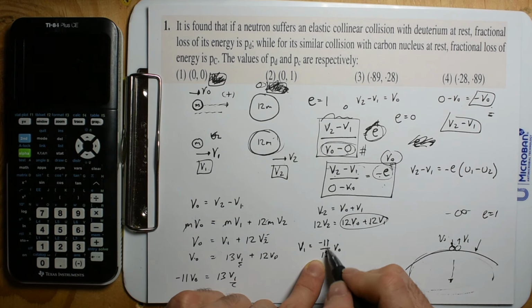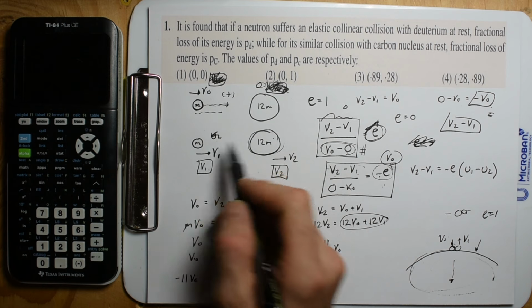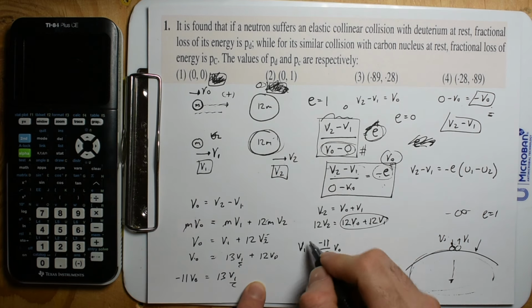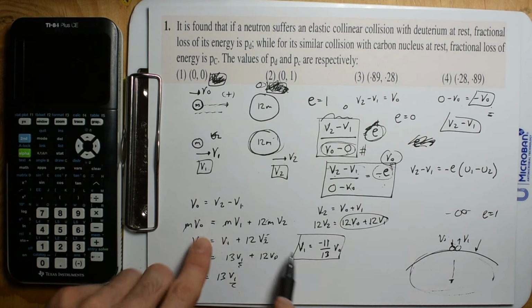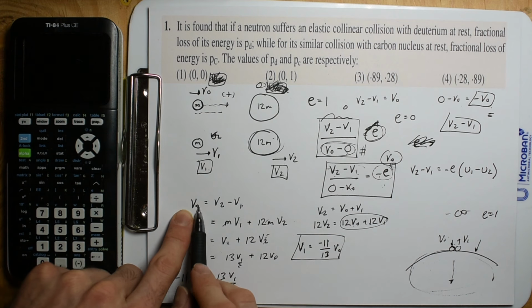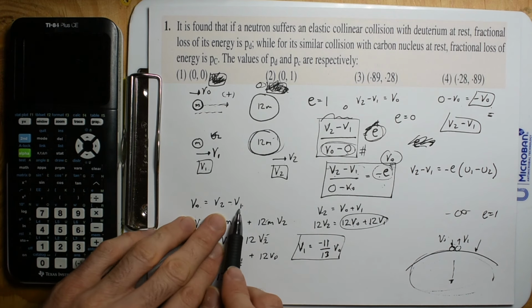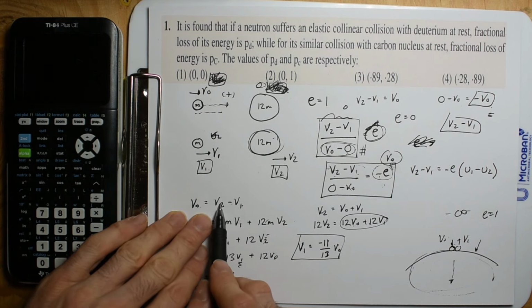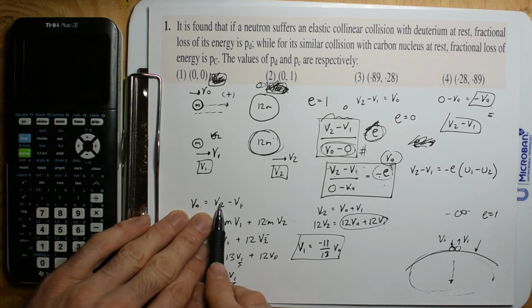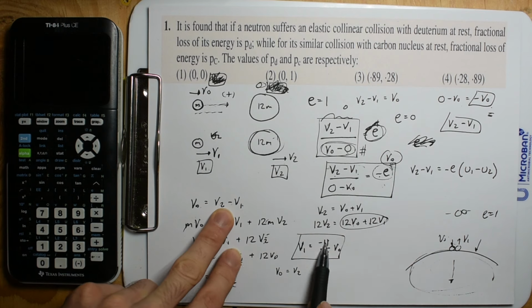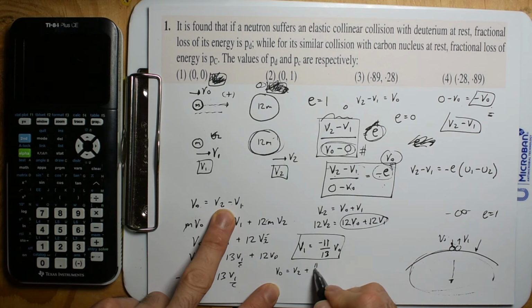And so when this comes in, it hits and then bounces. Sweet. And so now we're going to satisfy this equation. Because we have a negative of a negative, V naught is equal to V2 minus a minus, so we're going to have plus 11/13 V naught.